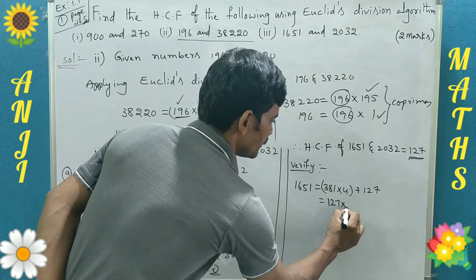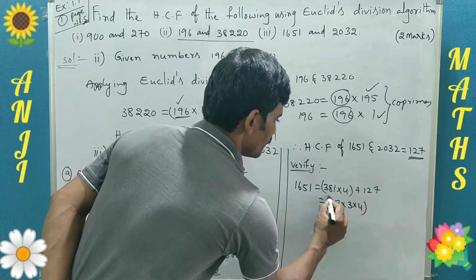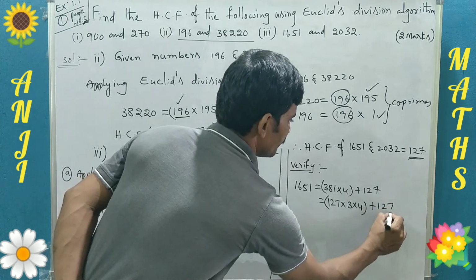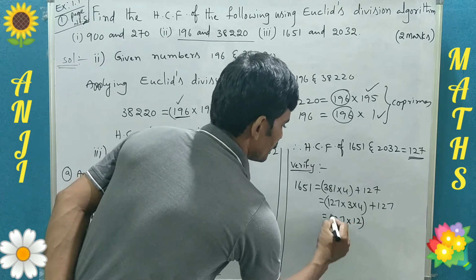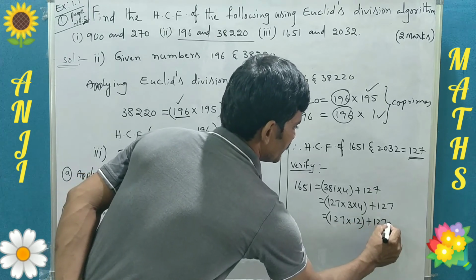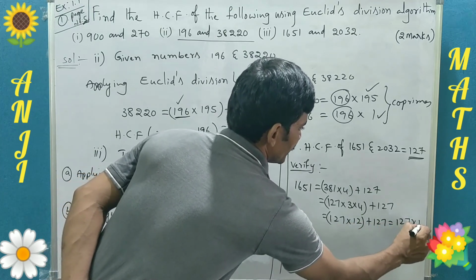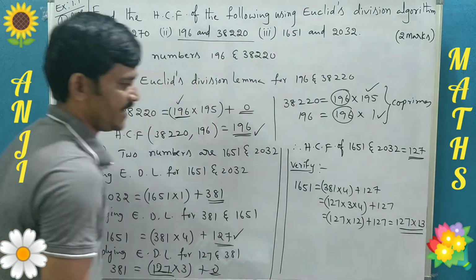It is 127 times 3 into 4 plus 127. 3 fours are 12 plus 1, that is 127 taken totally 13 times.